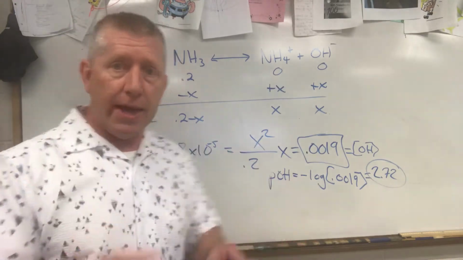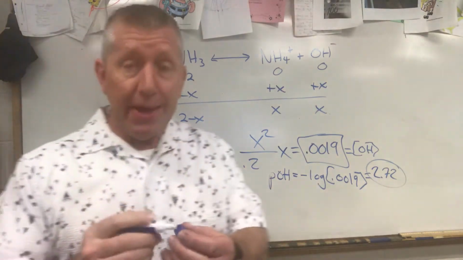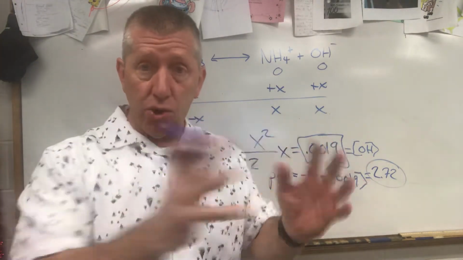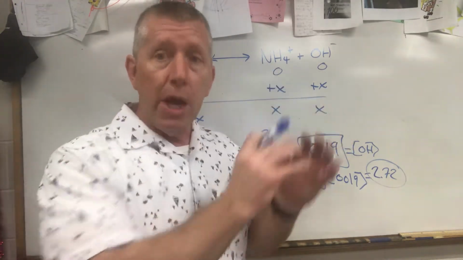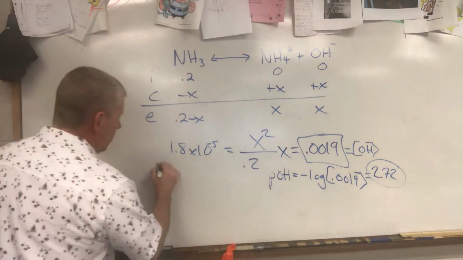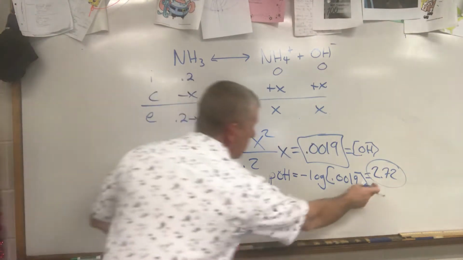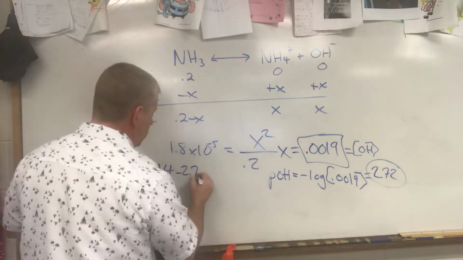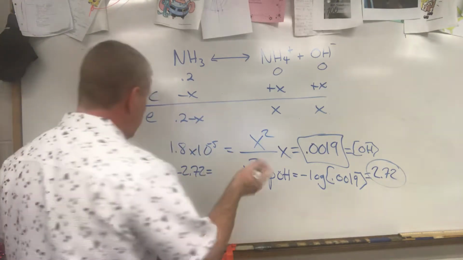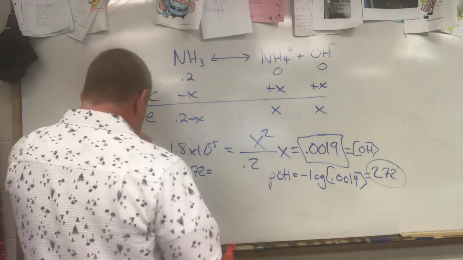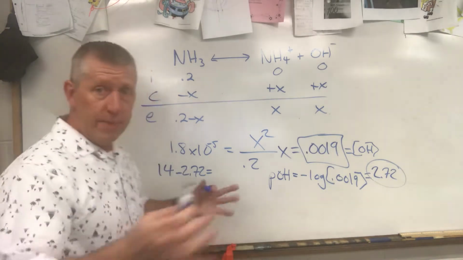Easy, I know that the pH plus pOH must equal 14. Okay, pH plus pOH must equal 14. So 14 minus 2.72 gives me the pH. I subtract those out, I should come out with 11.28. That should be 11.28.